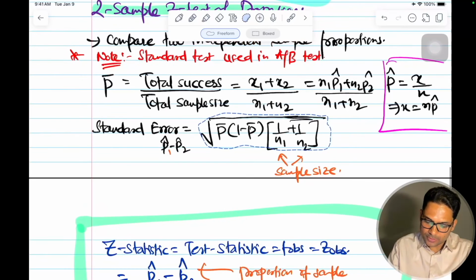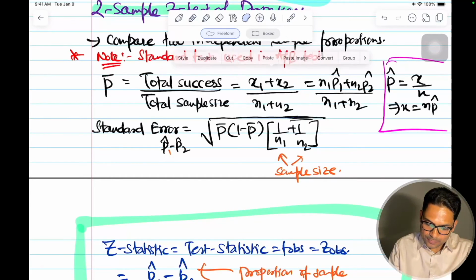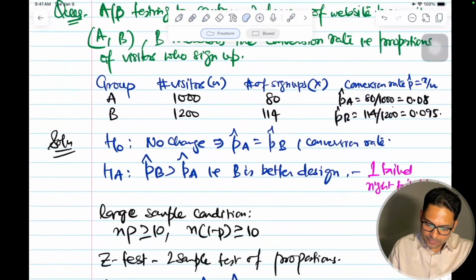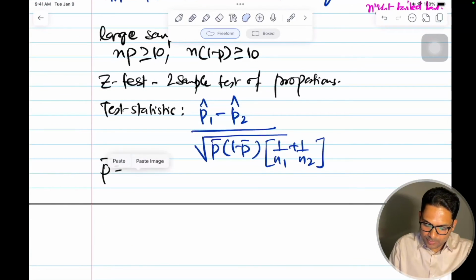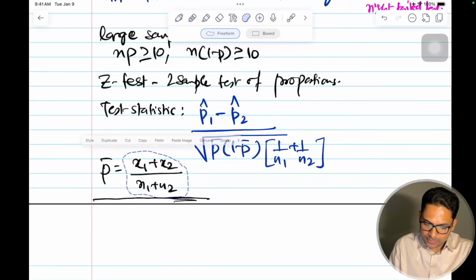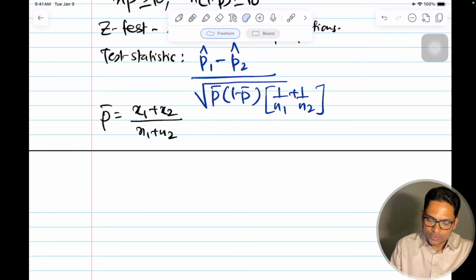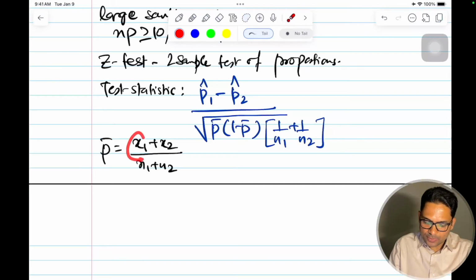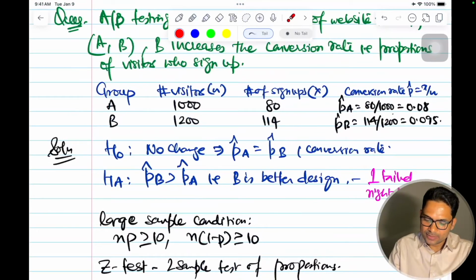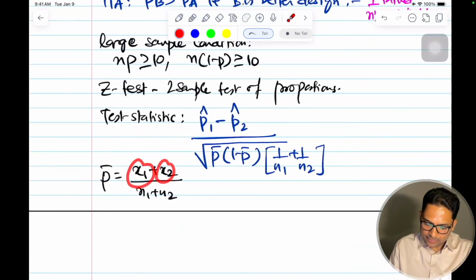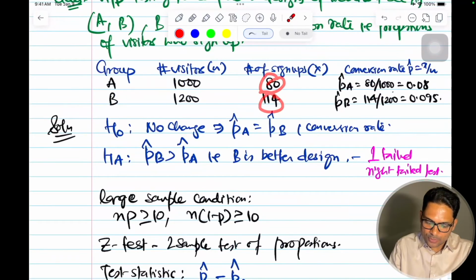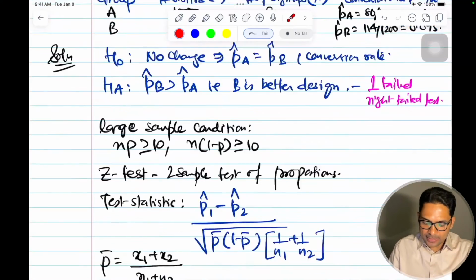Sorry, this is the P bar, because I have written it already. So P bar is equal to this, because I need to use P bar in the formula. All these values are already present. I have x1, x2, that is xa, xb, and n1 and n2, na, nb. So I can directly compute P bar.